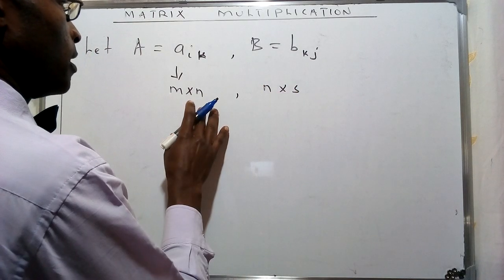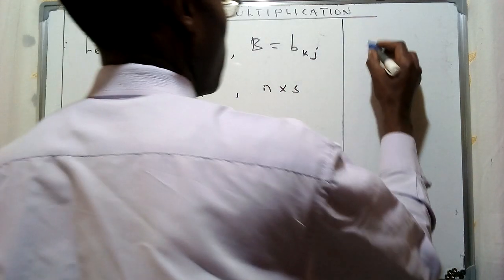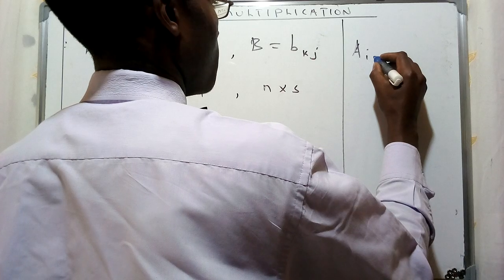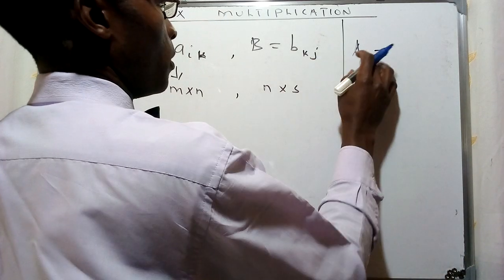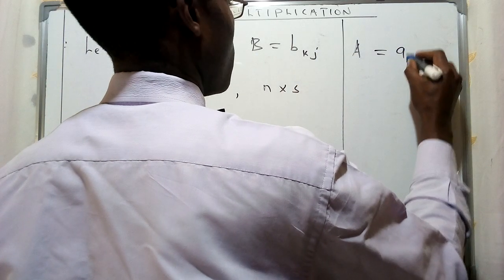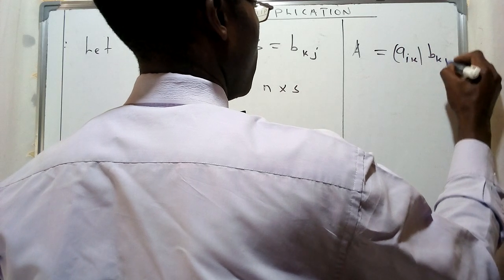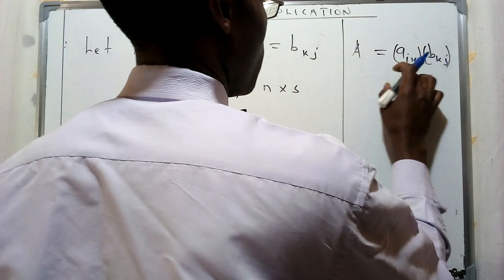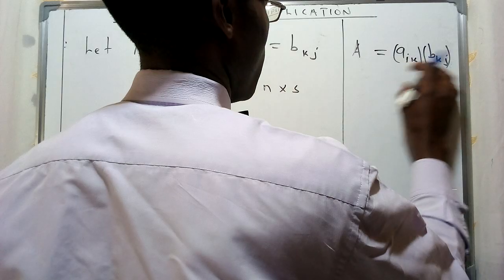So if we consider their respective elements in terms of rows and columns, we're going to see that A is basically given as this specific combination. I'm going to elaborate on the various columns and elements as a product. So we're going to have A given in terms of a_ik and B given in terms of b_kj. As we can see, these are going to form the first rows, of different kinds for i and k.